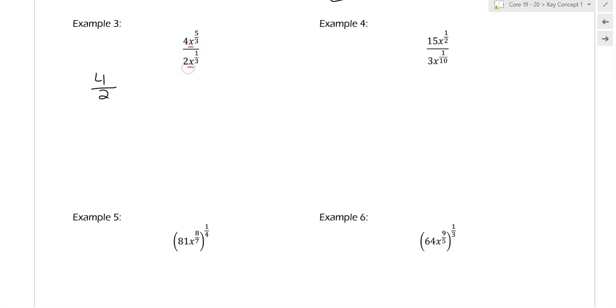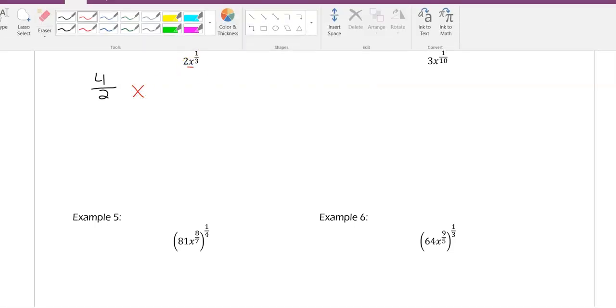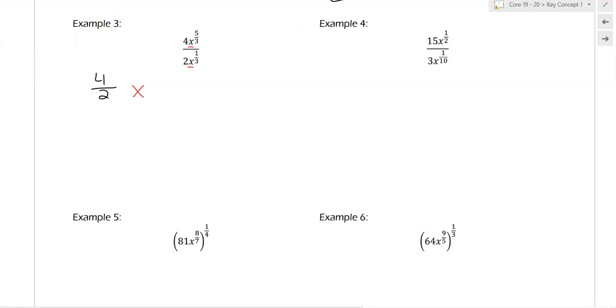Then these have the same base. And then I want to subtract my exponents instead of adding my exponents. 4 divided by 2 is 2. X. 5/3 minus 1/3 is 4/3.